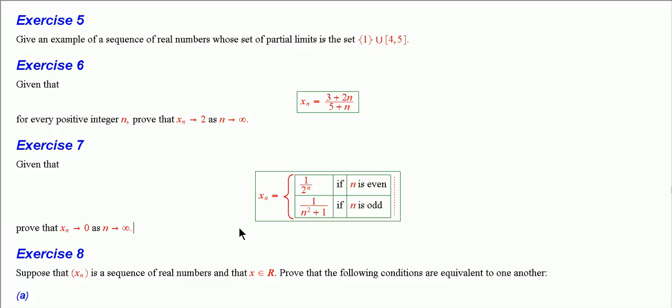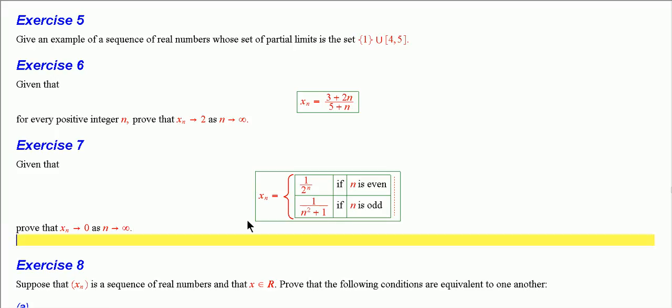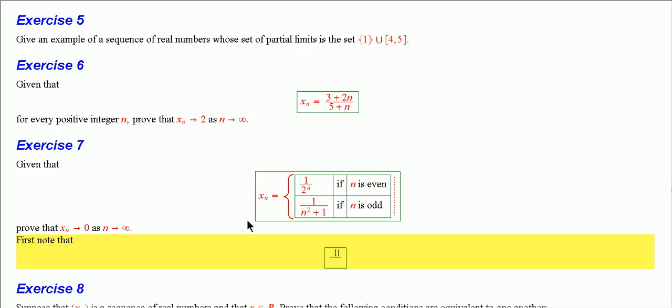So I'm going to actually study these two things. First, note that if you look at 1 divided by 2 to the n, I think that 2 to the n is more than n, isn't that? 2 to the 1 is at least 1, 2 to the 2 is at least 2, 2 to the 3 is at least 3.